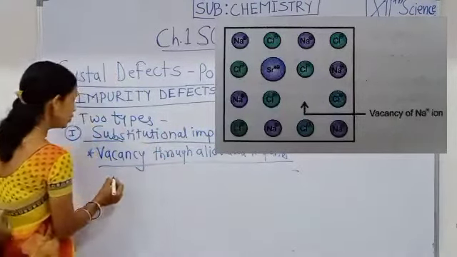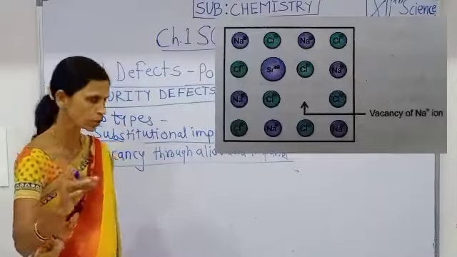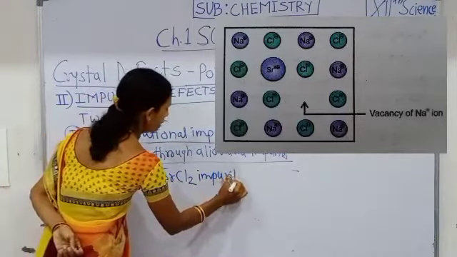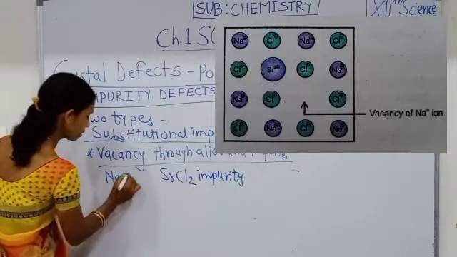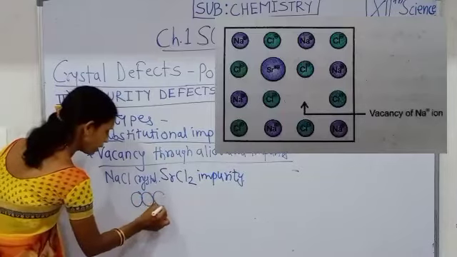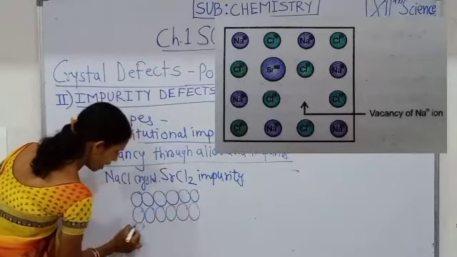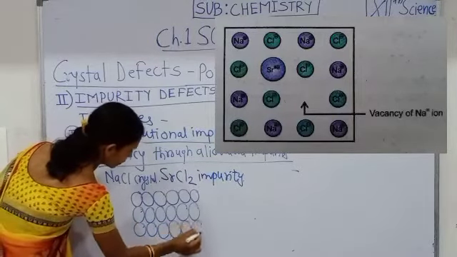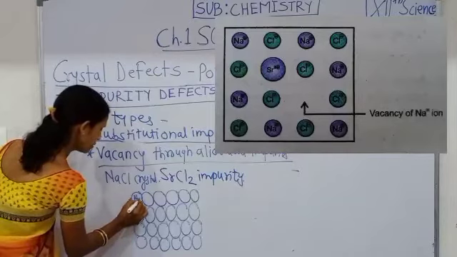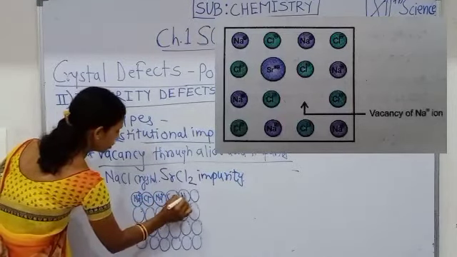For example, see here, during crystallization of NaCl, if SrCl2 impurity is added into the NaCl crystals, then in the original NaCl crystals the cations and anions are arranged in a specific manner, that is, Na+ ions and Cl- ions are arranged alternately in the crystal of NaCl.